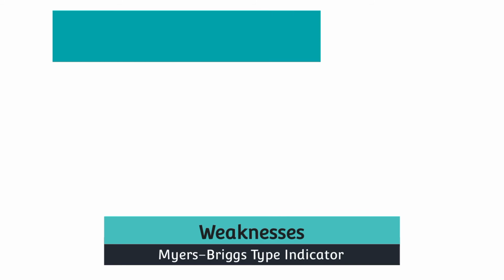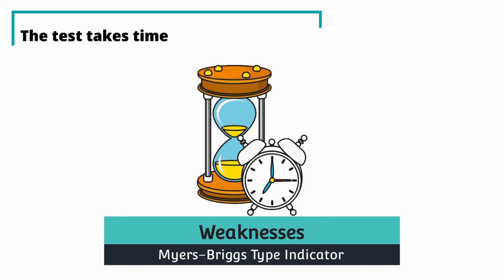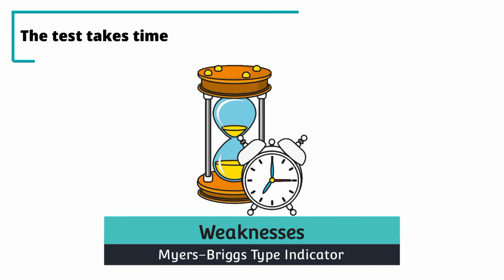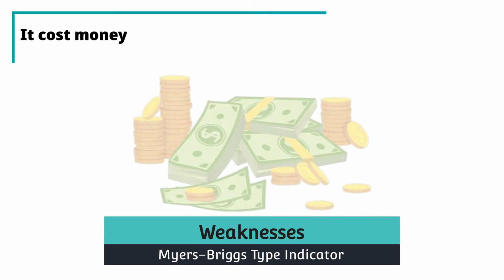First, the test takes time. While there are free Myers-Briggs personality tests online, some companies might prefer getting their analysis from a professional company. After all, most of the free tests only offer the basics, while a licensed company can provide in-depth analysis. Second, it costs money.